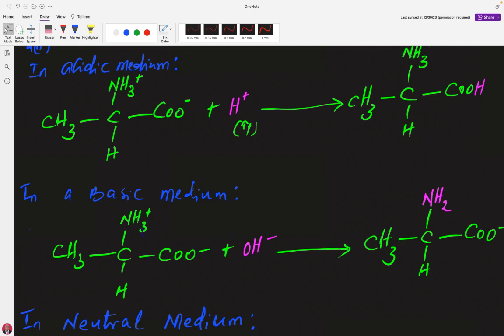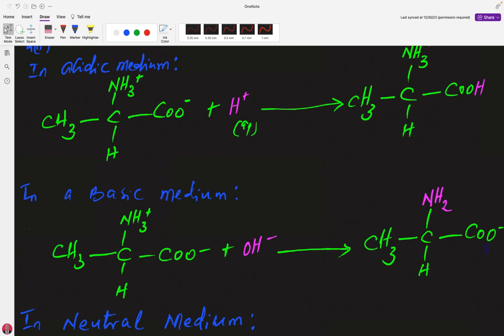And when it donates, NH2 is formed, and this one still remains. So when it donates a proton, one proton is removed, so NH2 is left. The proton adds to this, and a molecule of water is formed. So H still remains.